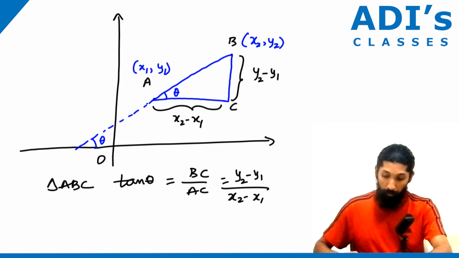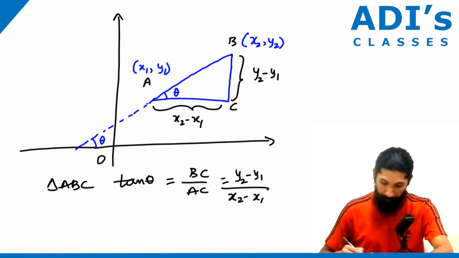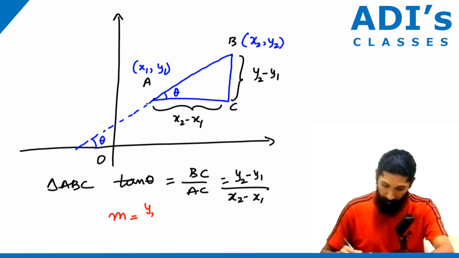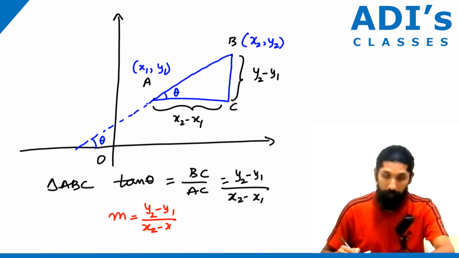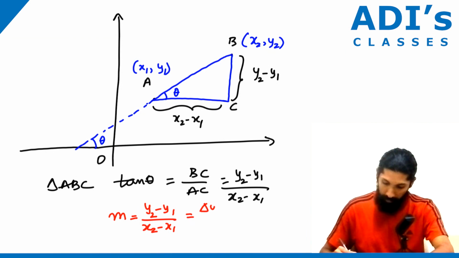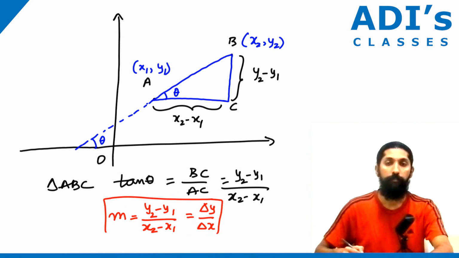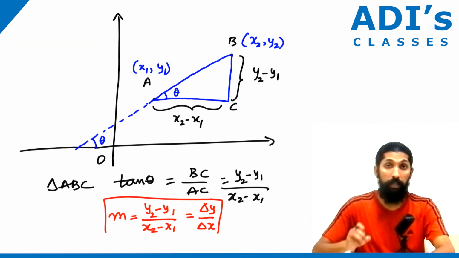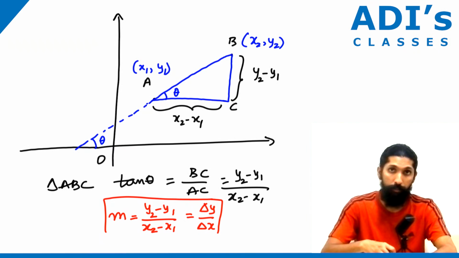The slope of the line is represented by m. So m is equal to the change in the value of y, so we can write y2 minus y1 by x2 minus x1, or you can also write this as delta y by delta x. This basically is the definition of a slope.